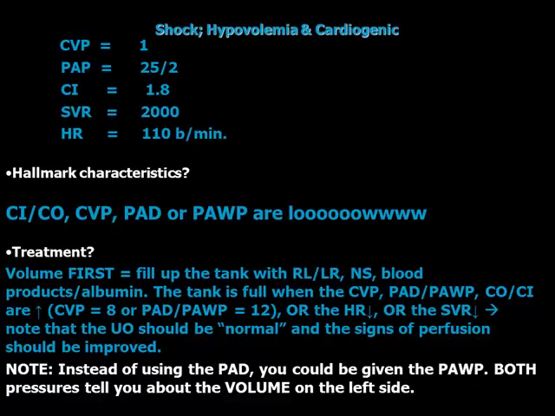Now, I did list cardiac index as being low, and that's not really an indicator in and of itself of hypovolemic shock, but in the presence of a low CVP and a low volume on the left side, when the CI is low, then you know for a fact, well, whole body volume is low and the CI is low, so the whole body tank is low.